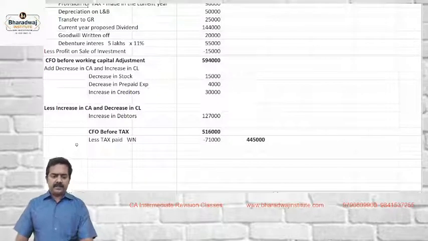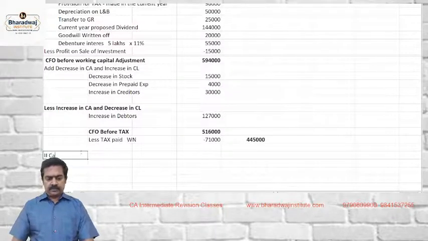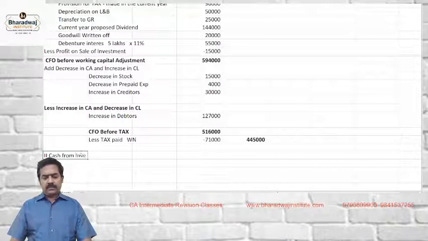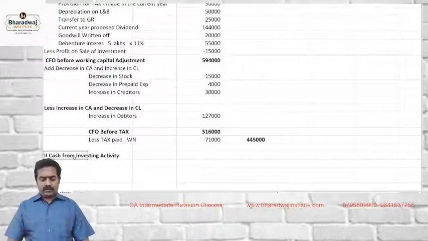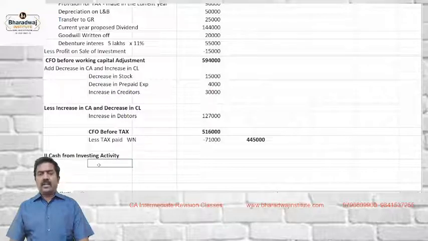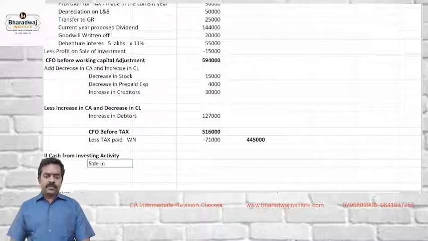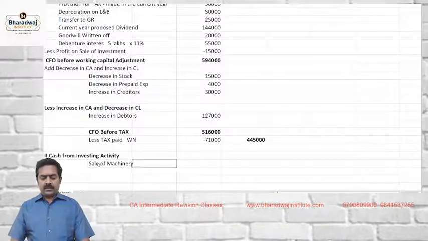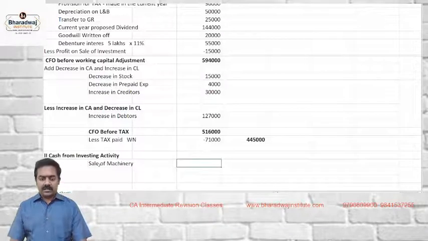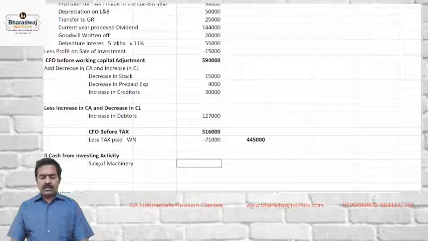Next, which activity? What all will come? Sale of machinery we have done for 36,000.